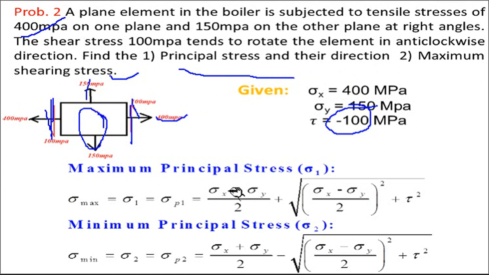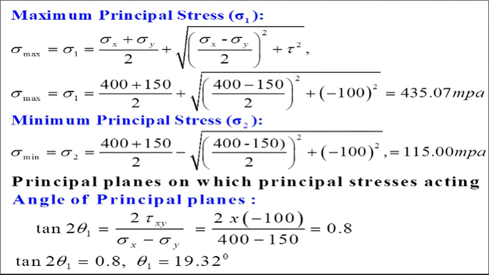So to find the principal stresses, meaning sigma 1 and sigma 2, use this formula, put all these values, and find out sigma 1 and sigma 2. Don't confuse principal stresses with normal and tangential stresses. Principal stresses means sigma 1 and sigma 2, for which you use this particular formula.